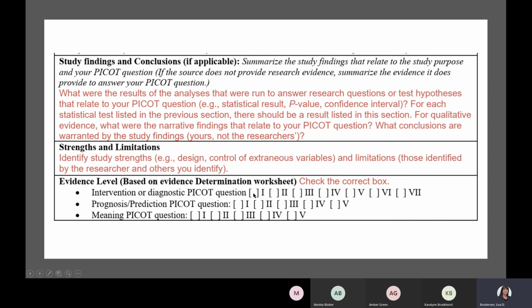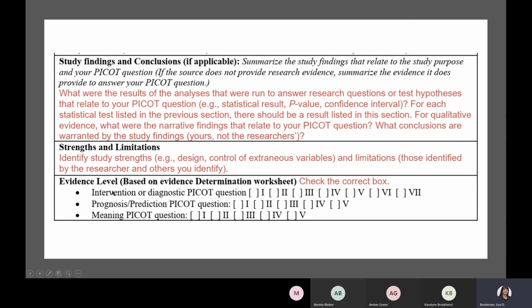Now, even though the study by virtue of its design will provide a certain level of evidence, it could be a poorly done study. There could be lots of issues that would cause you to give it a lower assignment of evidence level.